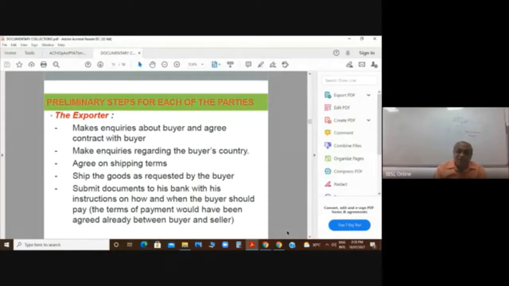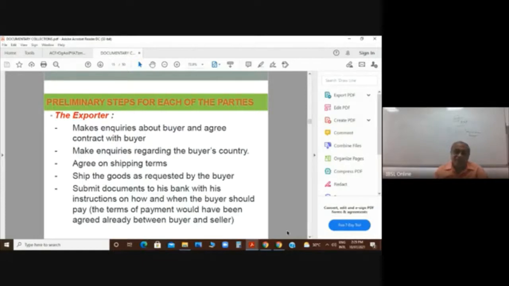Then we'll see what the main steps are for each of the parties involved. When it comes to the exporter, first, the exporter has to make inquiries about the buyer and agree on the contract with the buyer. Then make inquiries regarding the buyer's country, because that's also a risky thing. Agree on shipping terms.